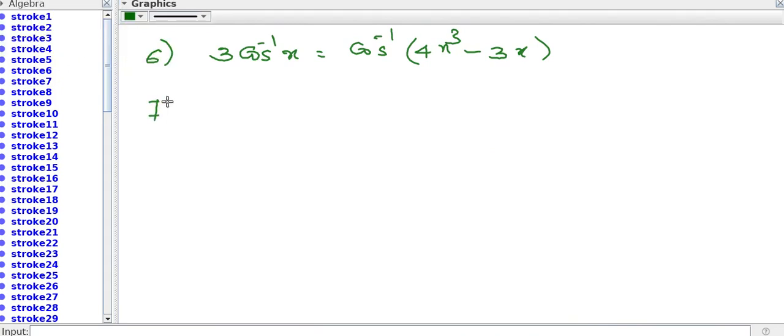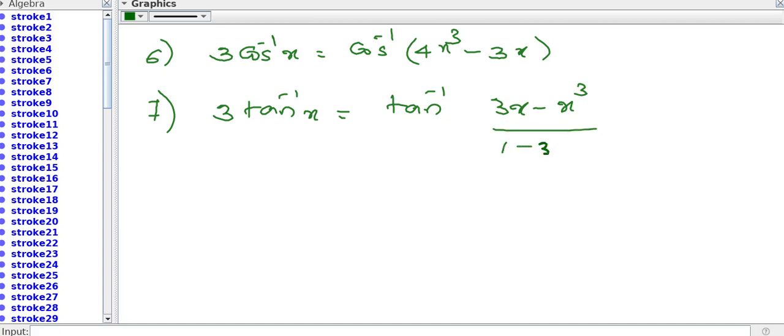And next, one more problem that also you can do by yourself. 3 tan inverse x is equal to tan inverse 3x minus x cube divided by 1 minus 3x squared.